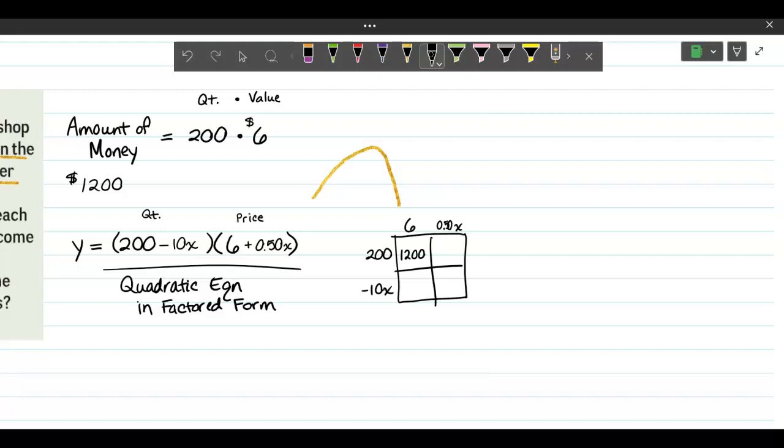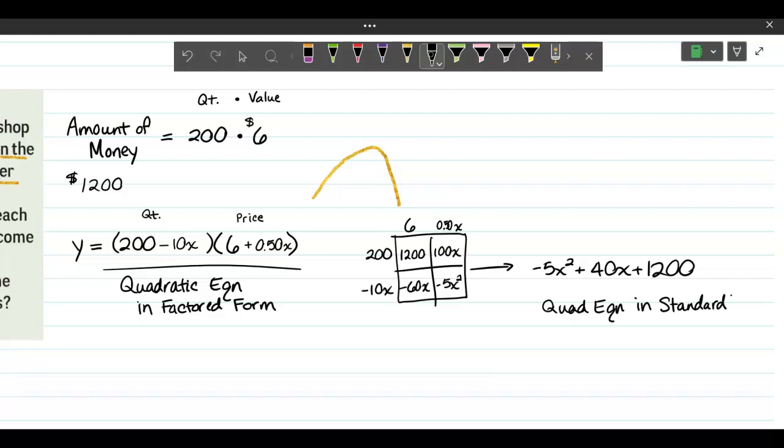Gives us 1200, 100x, negative 60x, negative 5x squared. So negative 5x squared plus 40x plus 1200 is the same equation, but this is a quadratic equation in standard form. That's the difference. Both of these are fine.